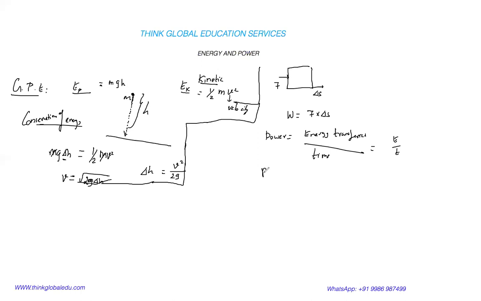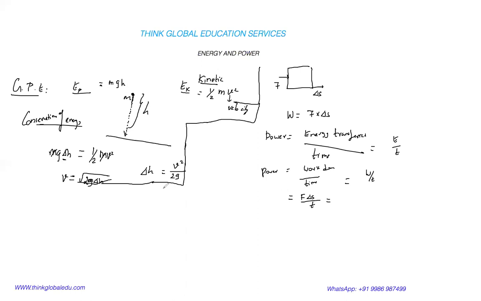You can also write power as work done divided by the time for the work to be completed. All of these quantities are the same. And we can also write it as work done, F delta S, divided by t. That is force multiplied by the distance moved, divided by the time taken for the force to move the object a certain distance.